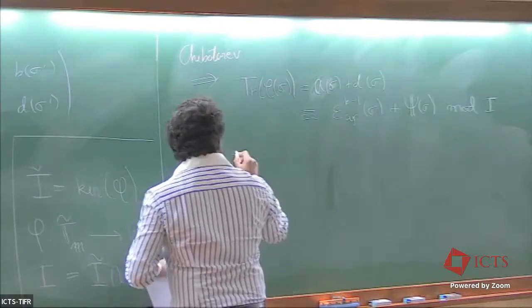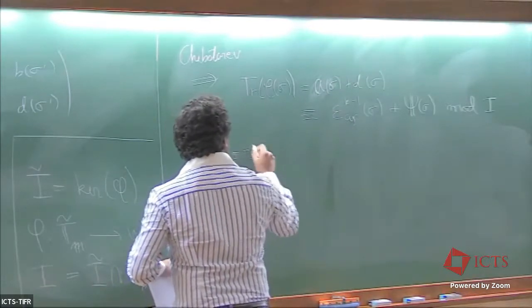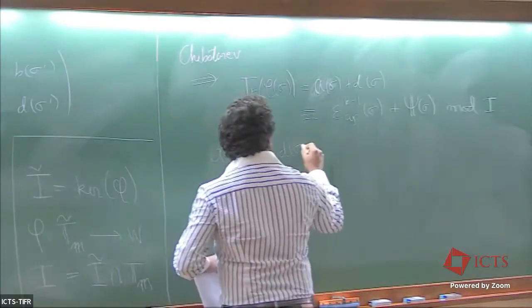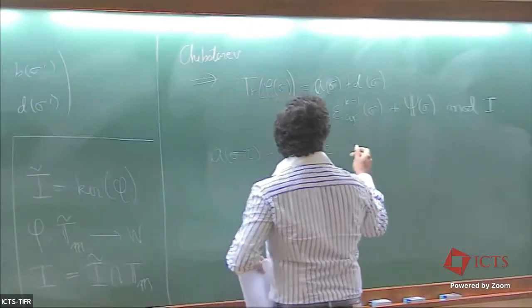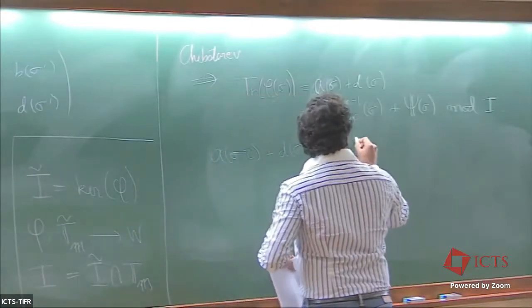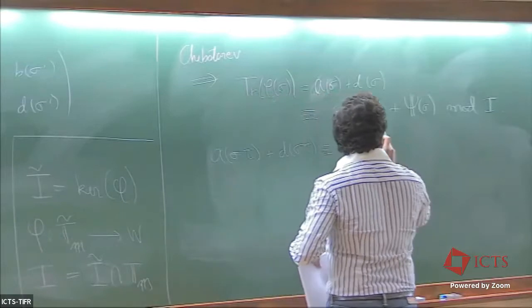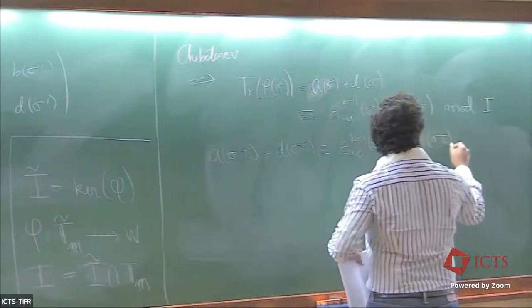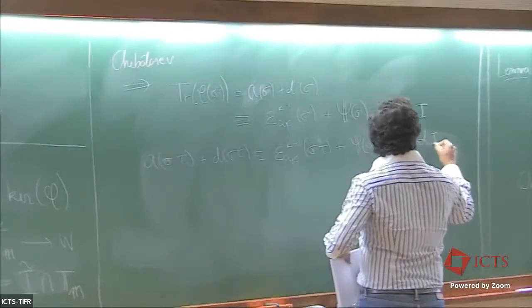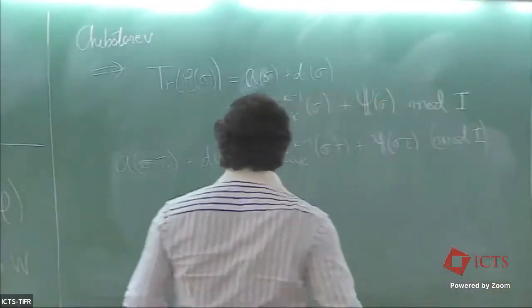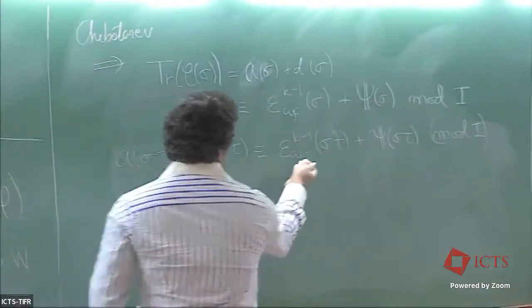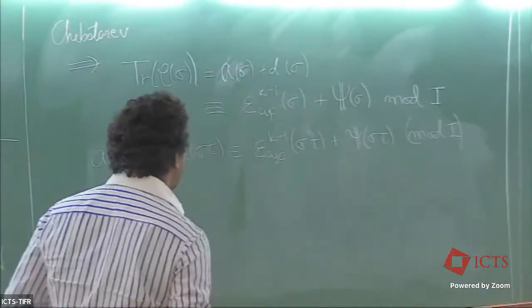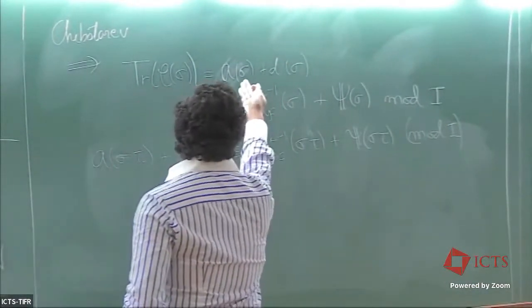Similarly, A of sigma tau plus D of sigma tau is congruent to cyclotomic to the k minus 1 of sigma tau plus psi of sigma tau modulo I. This is nothing mysterious. I'm just taking sigma tau instead of sigma.